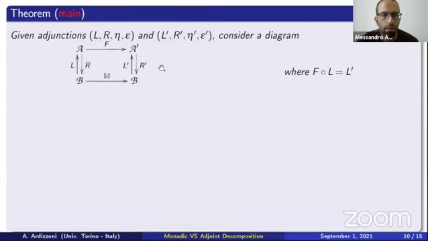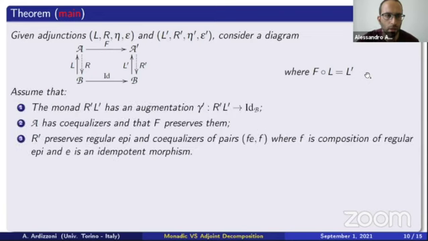So assume we have a diagram of this form, where L R and L prime R prime are two adjunctions connected by a functor F such that F composite L is L prime. What we need is that the adjunction on the right has a monad endowed with an augmentation gamma prime.